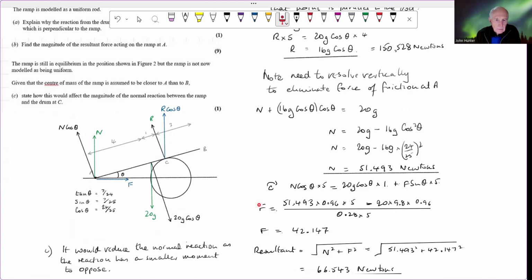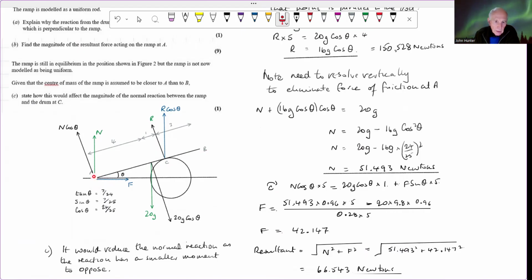Right, okay. Now the other thing is that we want F, don't we? Now, I think we'll look at this problem. I was tempted to try and identify the horizontal forces, but in actual fact, we want moments about C in this situation. If we take the moments about C, then what have we got? Again, we've got to be perpendicular to the line that we're using from C along the ramp.